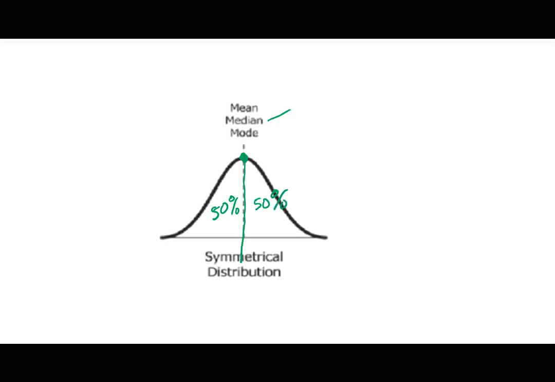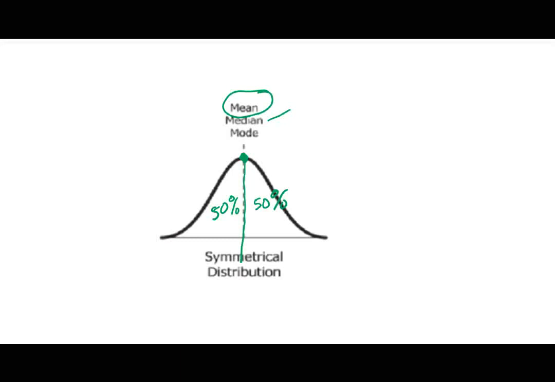If I rank my data from either largest to smallest or smallest to largest, the one dead center is the median. The mean is when we take all the data values, add them together, and divide by how many values we have. So the mean and the median and the mode are all values of what's called average.